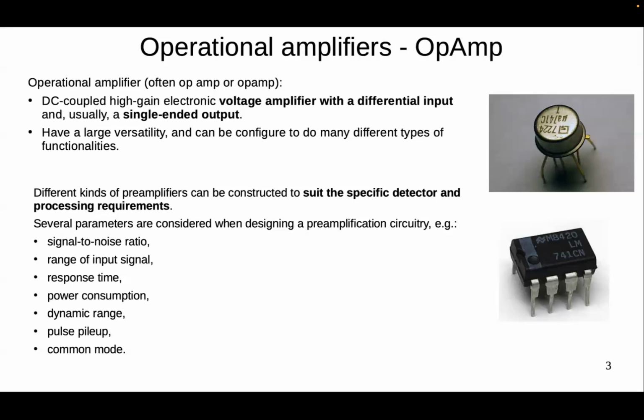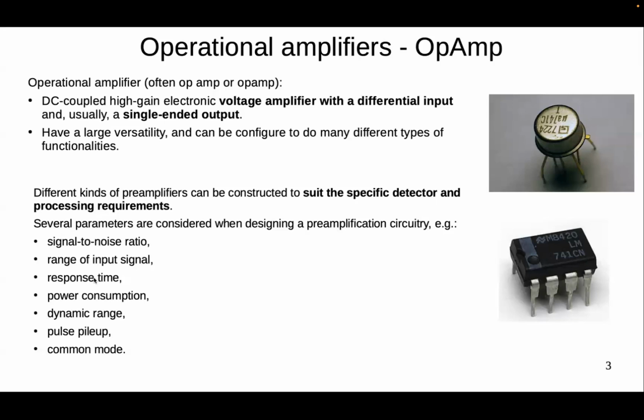Some parameters that we have to consider for preamplification circuits are the signal-to-noise ratio, where we want a very high signal with respect to the noise. Also the range of the input, so we can see the full signal and don't lose information from low signals to the highest.